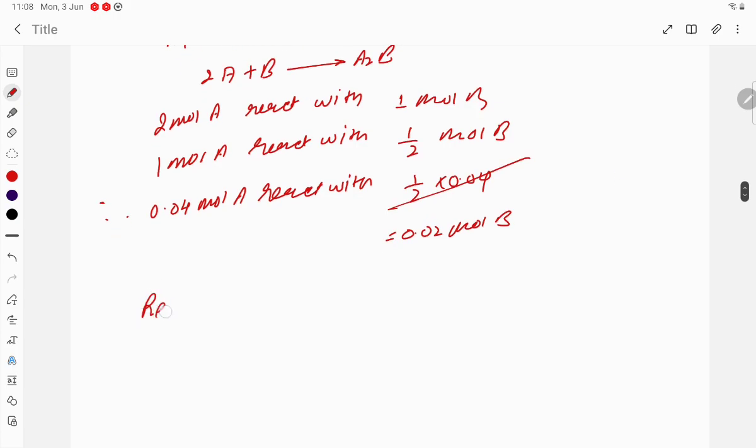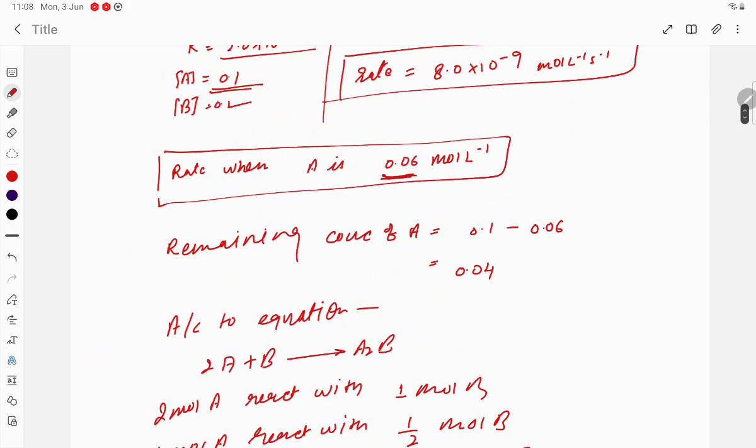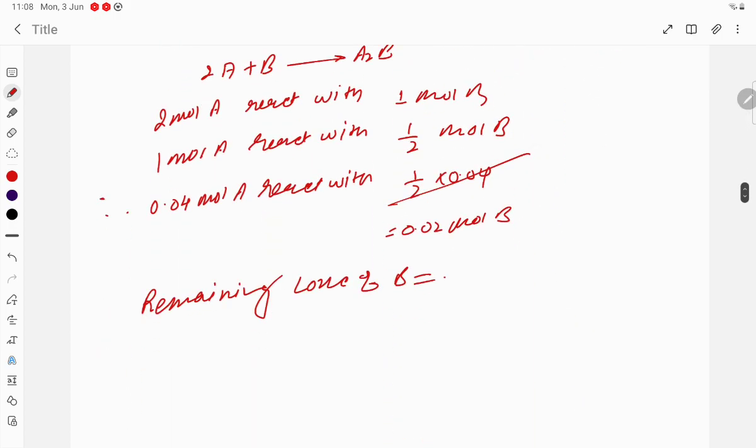So the remaining concentration of B, student. How much is there, student? Remaining concentration of B is initial minus used. So this is 0.2 minus 0.02. So it is coming 0.18 mole per liter.